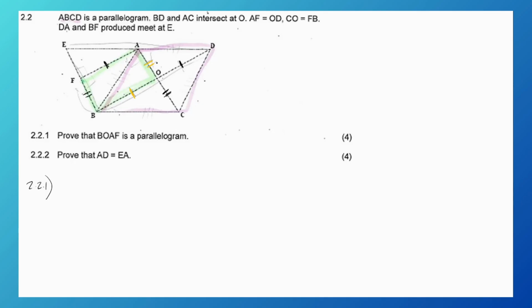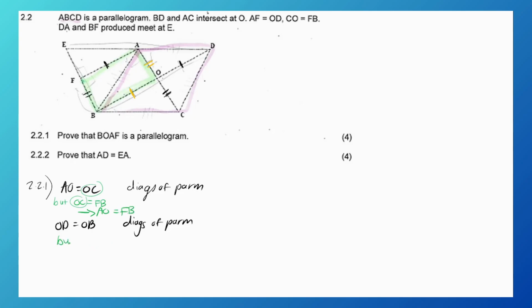We start by saying that AO and OC are equal because they are the diagonals of a parallelogram. Similarly, OD is equal to OB, same reason, diagonals of a parallelogram. Now the part we were given: they told us that OC is equal to FB, so AO is equal to FB.